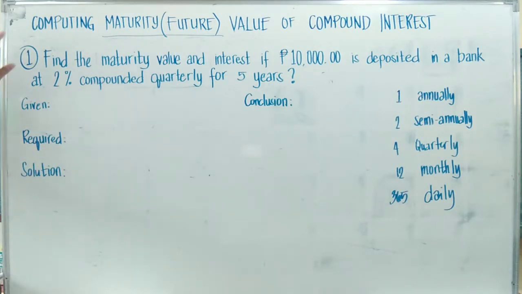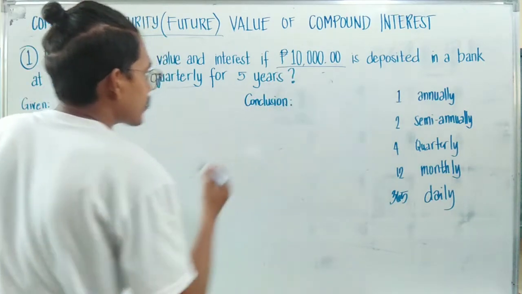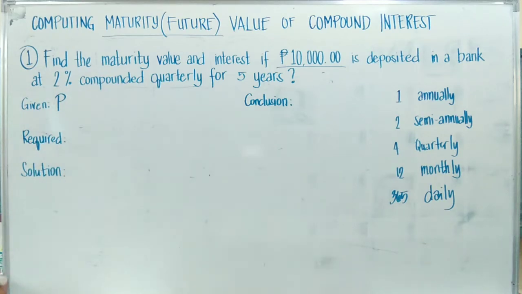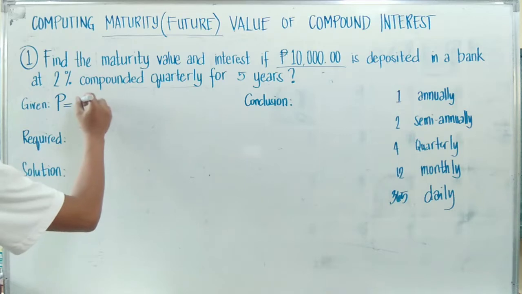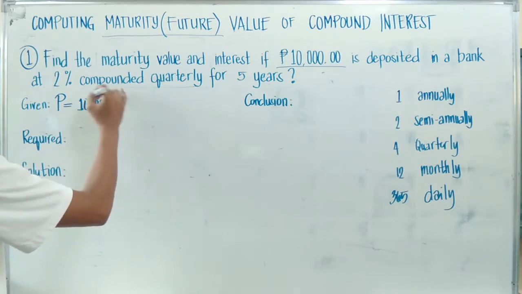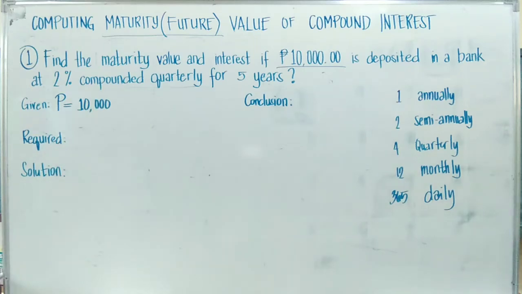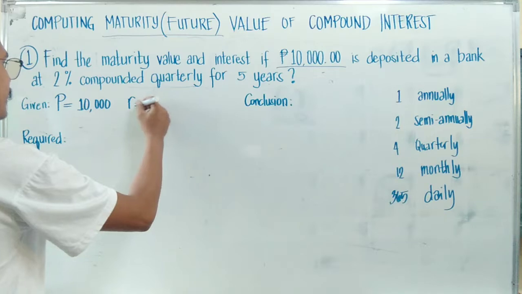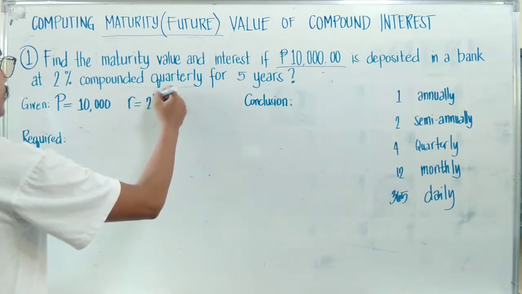For situations like this, let us first identify the given data or information from the problem. We have here 10,000, so that will be your principal P. Then we have R, your rate, equals 2%.